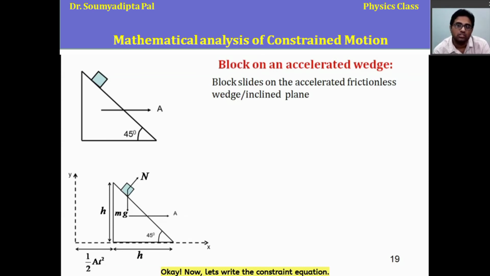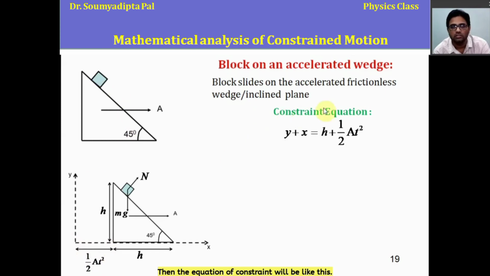Let's write the constraint equation. As tan 45 degrees is 1, and at a particular instant, suppose after time t, the distance covered by the wedge is half multiplied by acceleration multiplied by time squared. Then the equation of constraint will be like this.